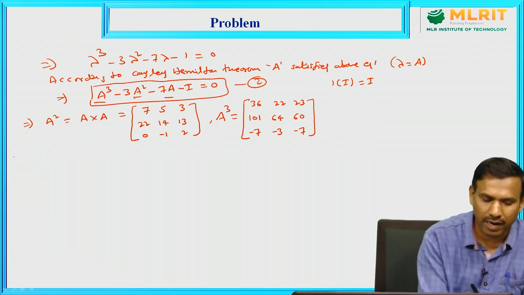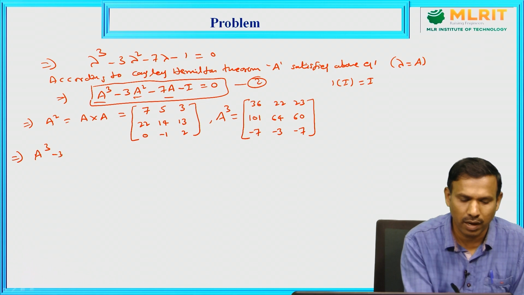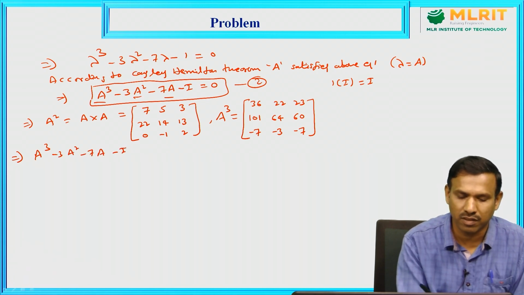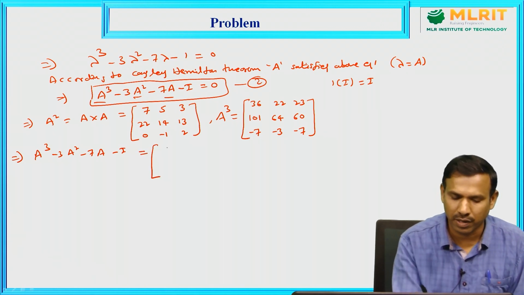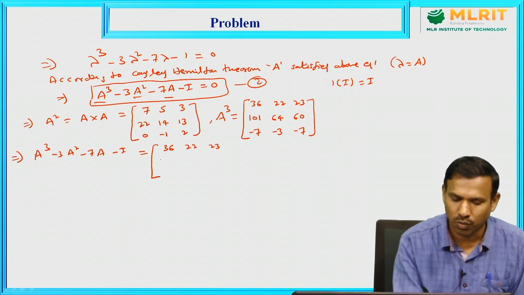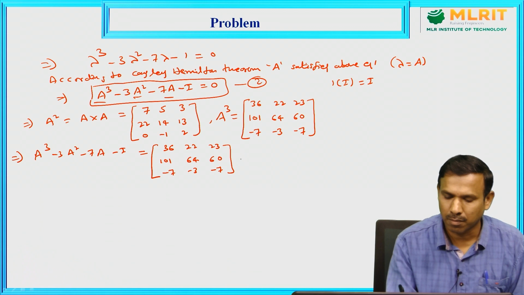Let us write the equation: A cube minus 3A square minus 7A minus I, which is equal to, right, I am writing A cube. So which we have here 36, 22, 23, 101, 64, 60, minus 7, minus 3, minus 7, minus 3A square.